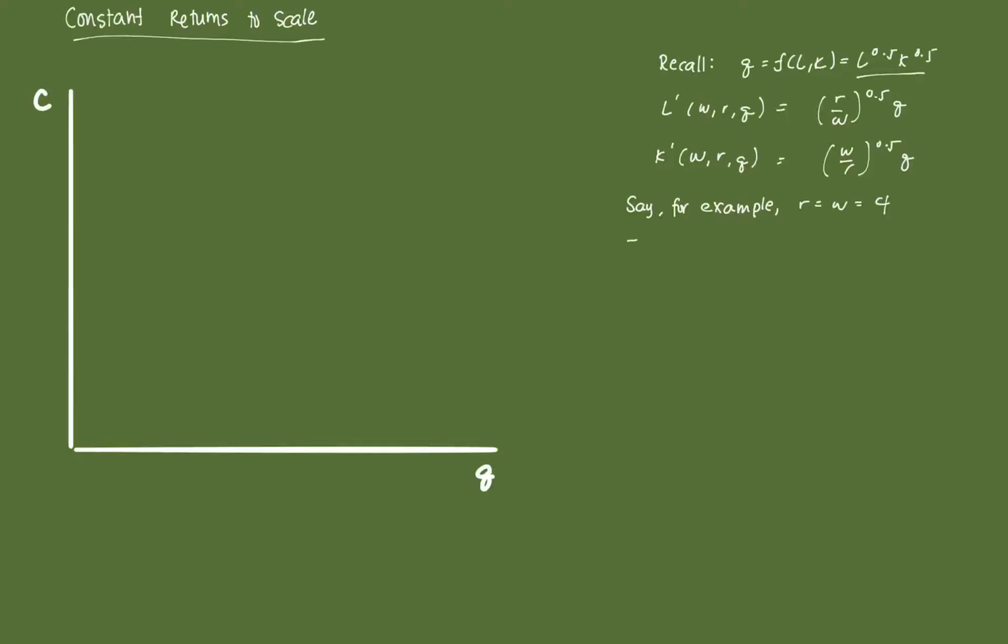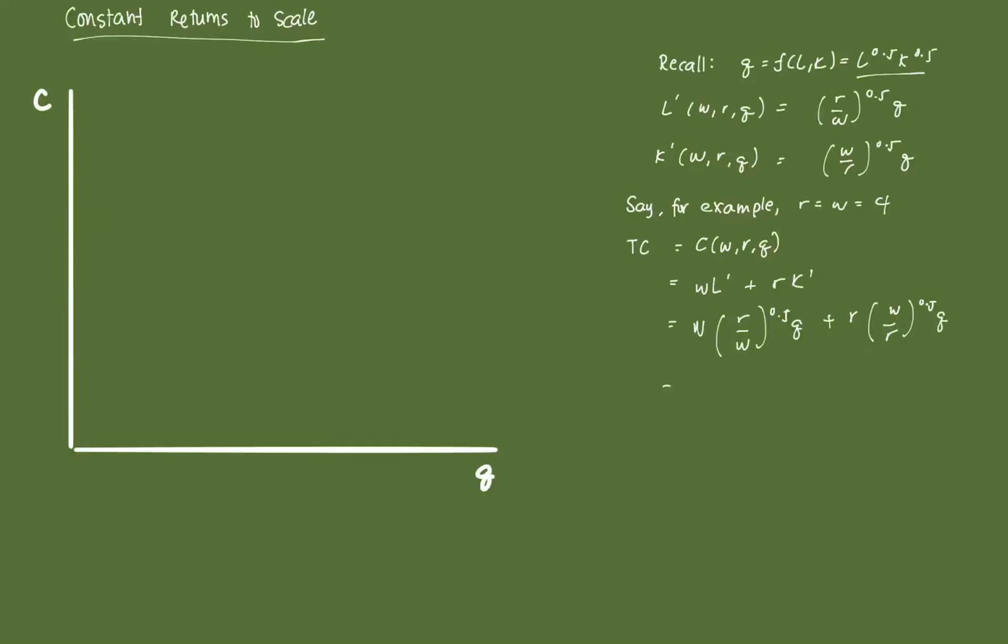The total cost function, C(W,R,Q), is determined by substituting the conditional demand functions into the cost function. So you have W times (R over W) raised to 0.5 times Q, plus R times, so K is (W over R) raised to 0.5 Q.